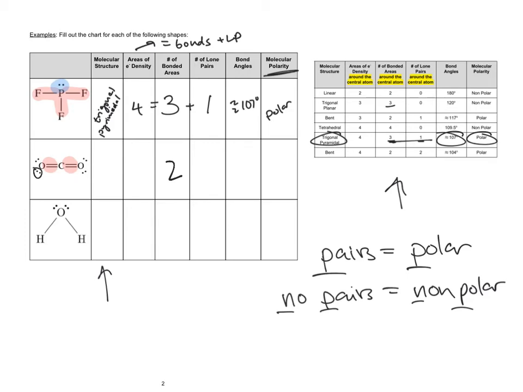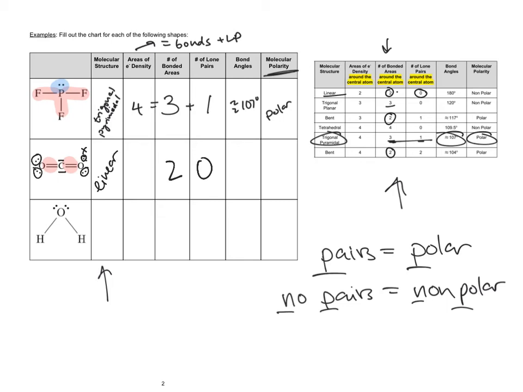So these ones on the outside, they do not count. There are no lone pairs on that center atom. So we put 0. And go look on the chart for something that's got 2 bonds. So we've got that one or that one or that one with 0 lone pairs. So 2 bonds, 0 lone pairs. That is linear.